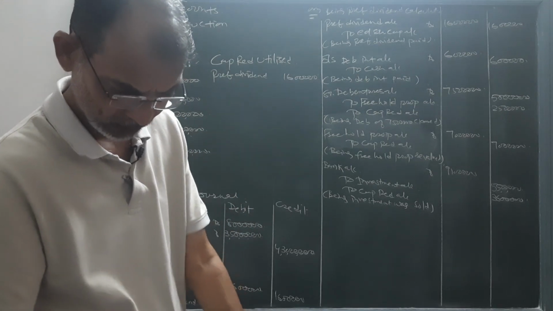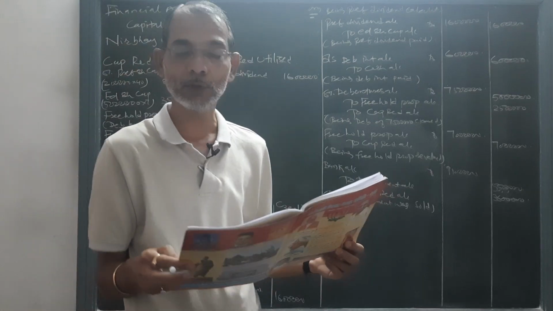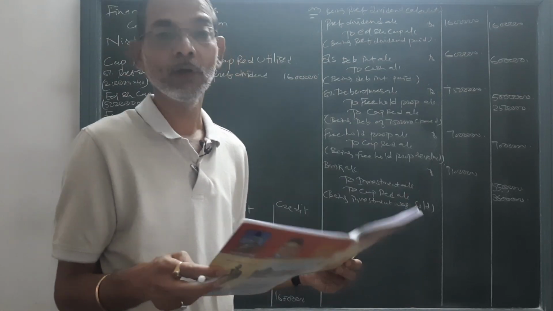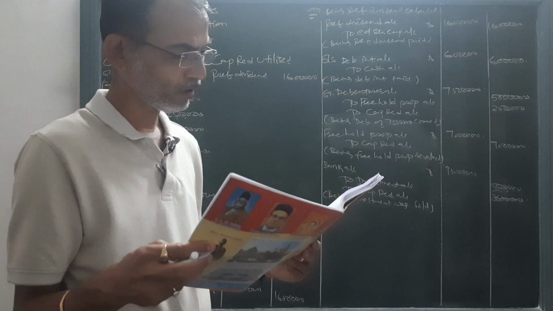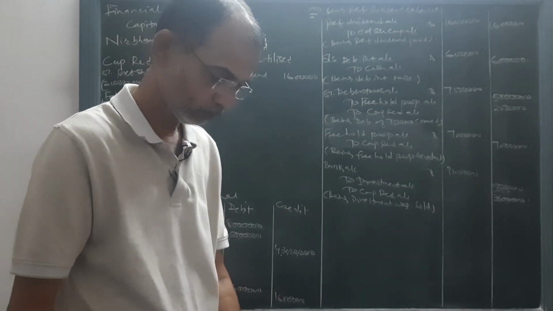Then after, directors will accept 80% equity shares, 10% cash and the balance waived for their loan. Now what was the directors' loan? That was 40 lakh.